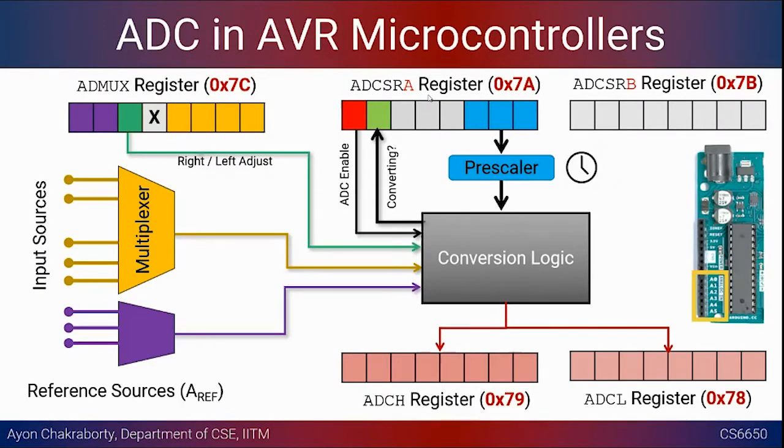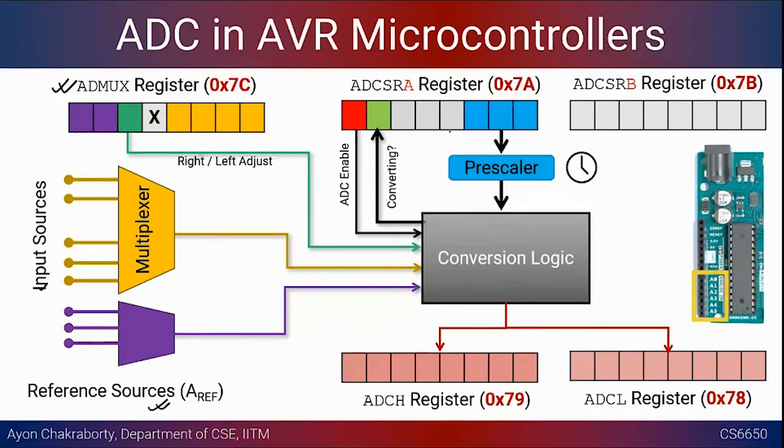And again, we are coming back to the set of registers we were using for controlling the ADC in the microcontroller. Just to recap, we first use the ADC multiplexer register, choosing the input sources, then choosing the reference sources.